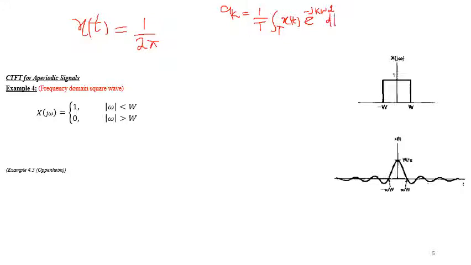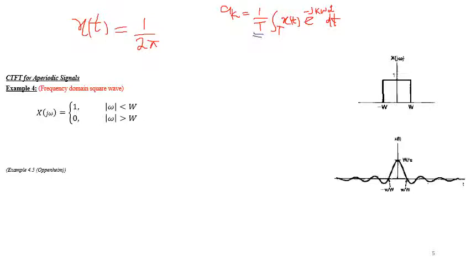So in case of Fourier series, finding the Fourier series coefficients, which is used for the periodic signal, we scale the analysis equation by a factor of 1 by T, or for the case of discrete time, we scale it by a factor of 1 by N.